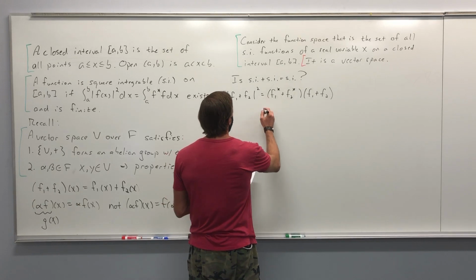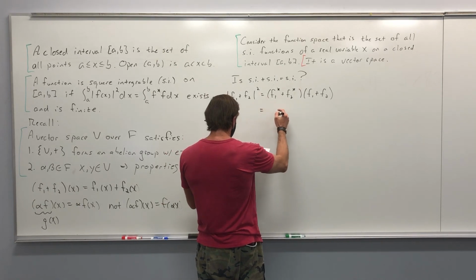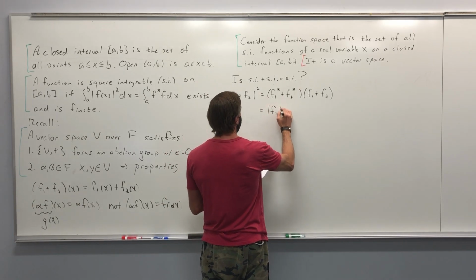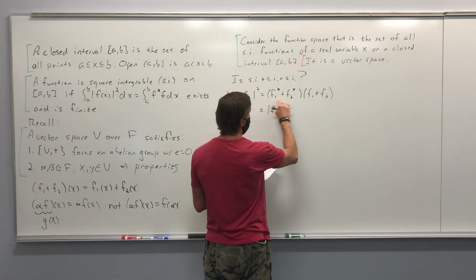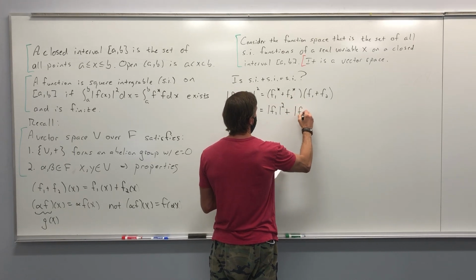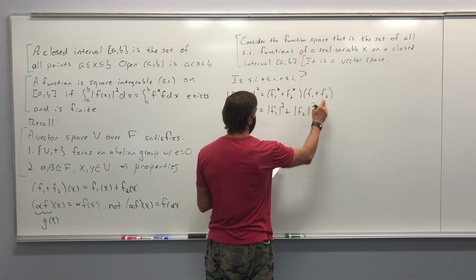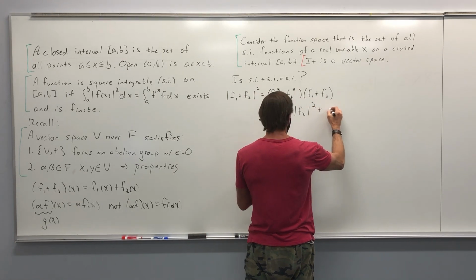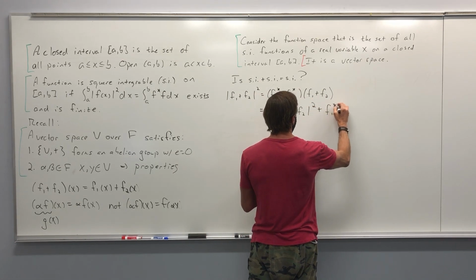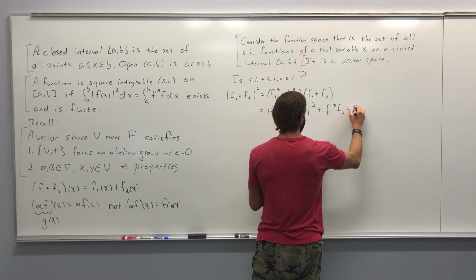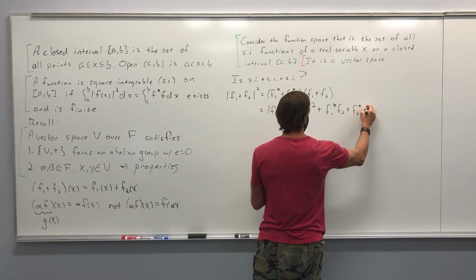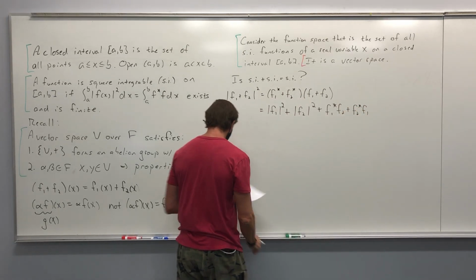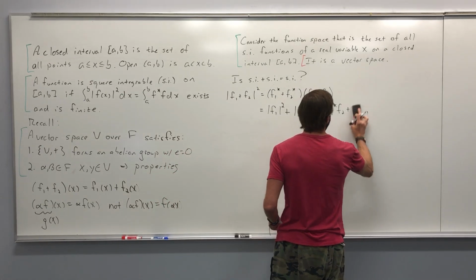So here we go. We can bang these out. This is just the magnitude squared of f1, because I'm doing f1 star times f1. The magnitude squared of f2, because I'm doing f2 star times f2. And then I have f1 star f2 plus f2 star f1.